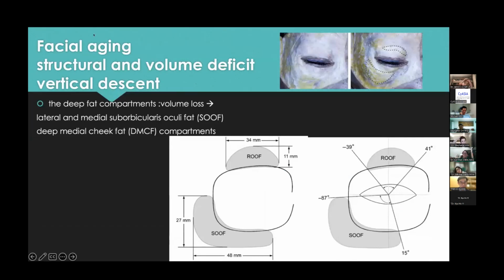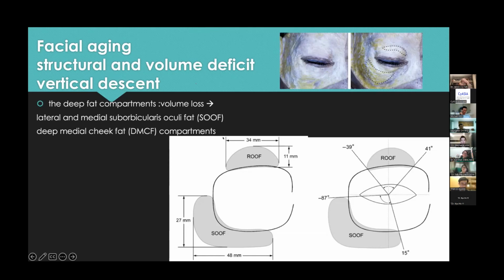We also know facial aging structure and volume deficiency are important, like the vertical descent. The deficient component, volume loss, is an important etiology of facial aging. The deficient component is like the lateral and medial SOOF, suborbicularis oculi fat, and the deep medial cheek fat component is the deep fat.